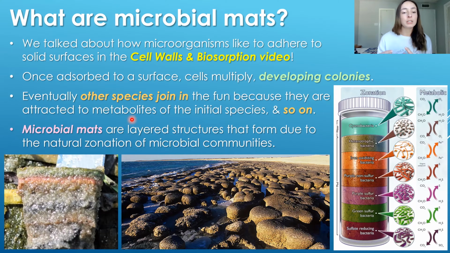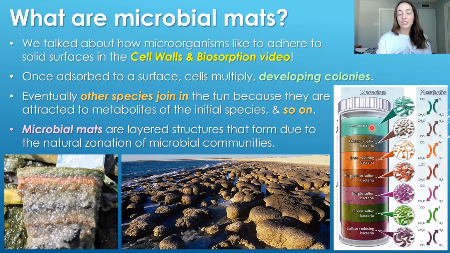We'll go into the specifics of why and how all this happens in a couple slides. But the general gist is that microbial mats are layered structures that form due to this natural zonation process of microbial species forming communities of different species layered adjacent to mutually beneficial species, if that makes sense.